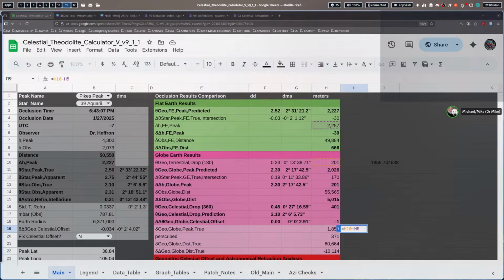Anyway, what's important is when you get the equations in there, they both have exactly the same error. It doesn't matter whether you're looking from the observer location or from the peak.